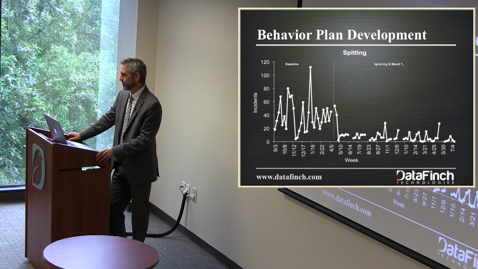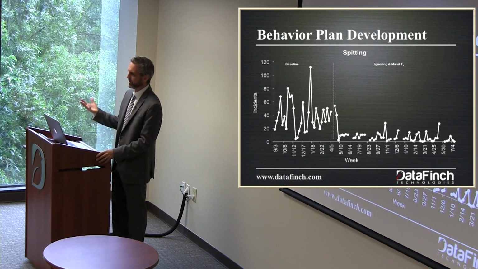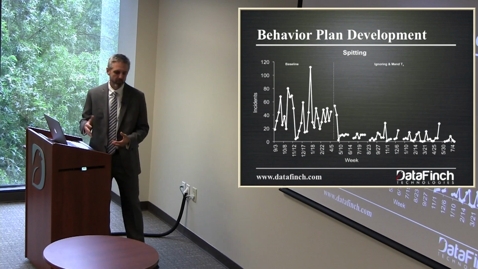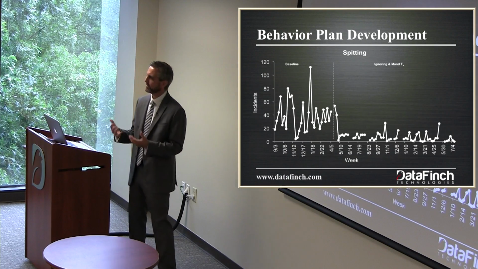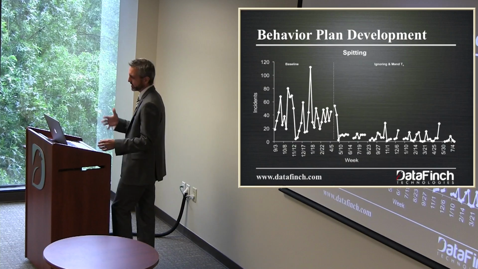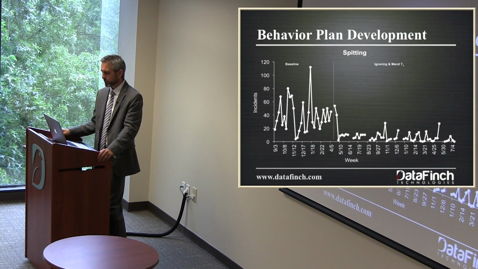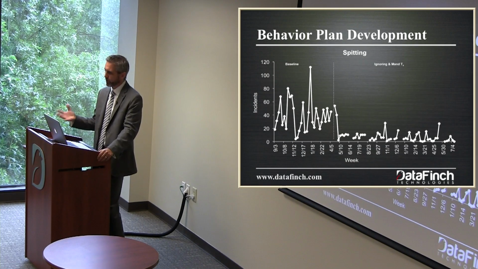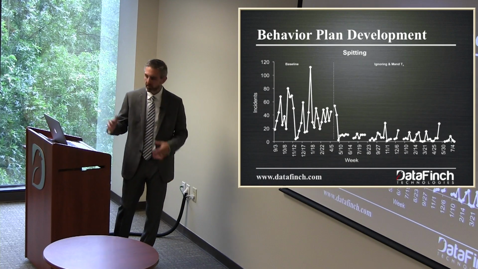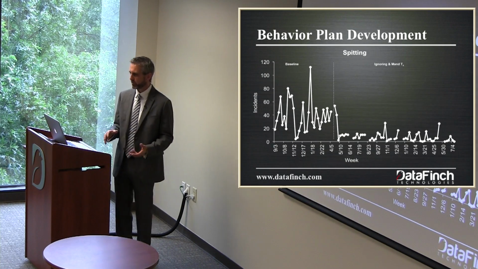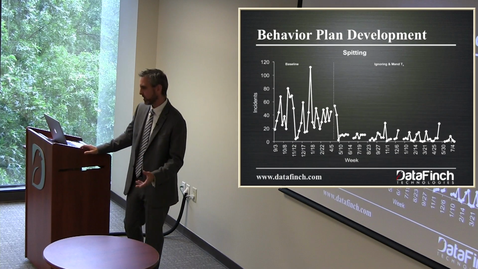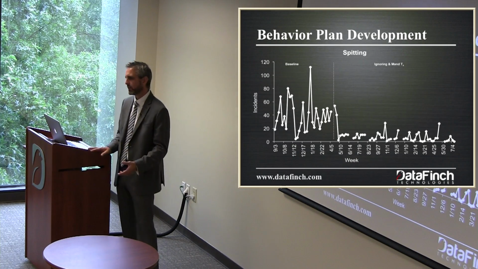So it appeared as though, based on these data, particularly that common antecedents were demand, and that common consequences were attention and timeout, that it was related to one or both of the following. Escape or avoidance, right? So the fact that he engaged in it often in response to demands suggests escape avoidance.